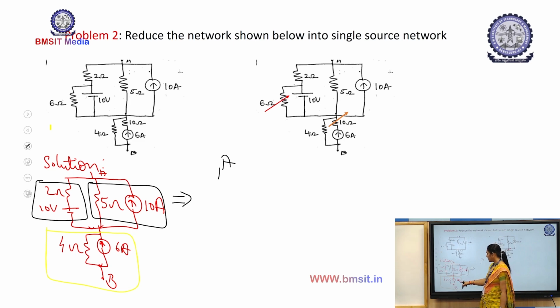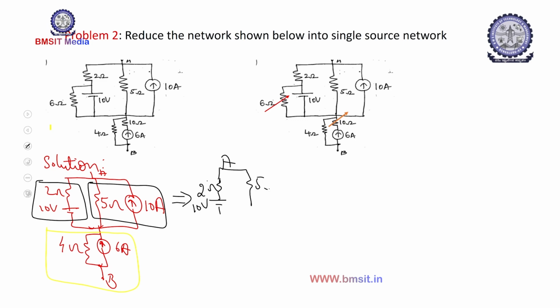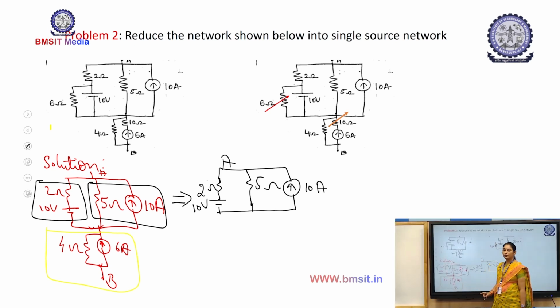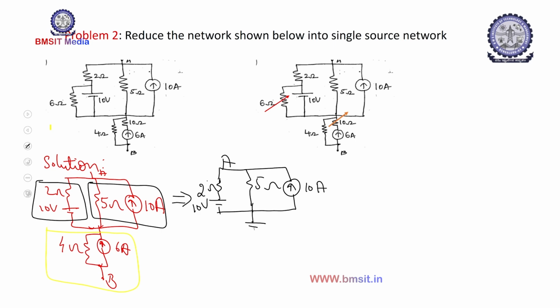First I will convert this one into a voltage source. For that I will retain this as it is, 2 ohms, 10 volts. This one I will convert into a practical voltage source. The voltage here is connected with 24 volts in series with the 4 ohms.